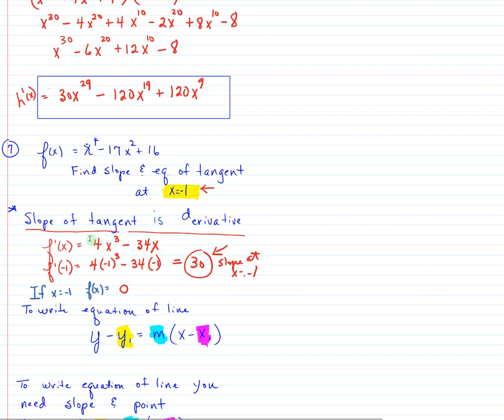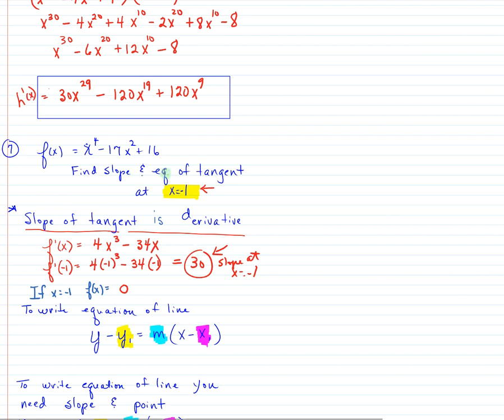That is the generic, if you would. This is f prime of x. That is the derivative. Now, it says find it at x is -1. So if this is f prime of x, then f prime of -1 means we plug in -1 for x. When we do that, we get 30. So we now have the slope at x equals -1.